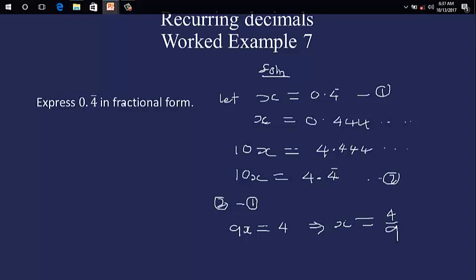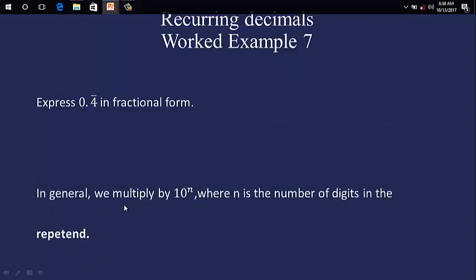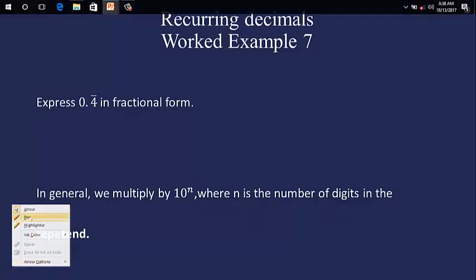So this is how to express a recurring decimal in fractional form. Now, in general, you multiply by 10 raised to the power n, where n is the number of digits in the repetend.